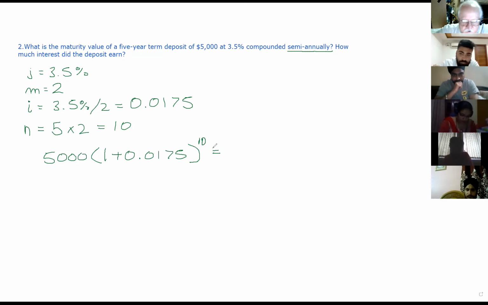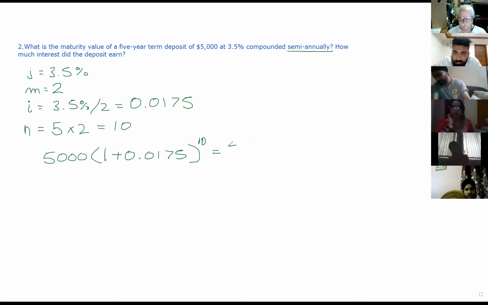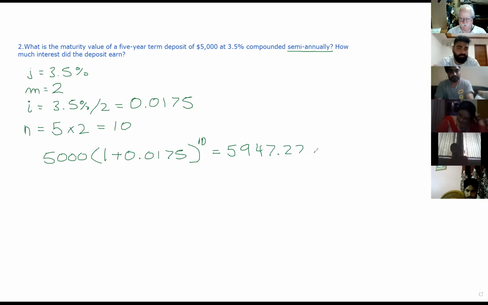So let's see if a few of us can agree on what that must equal. And a few of us are coming up with the same answer: 5947.22. Okay.